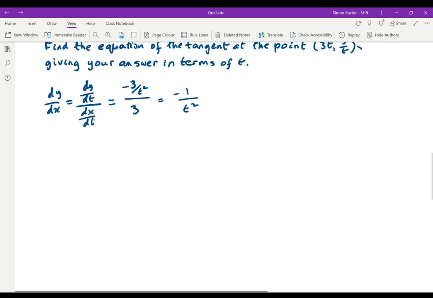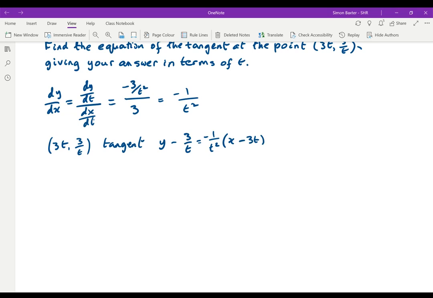That's the gradient of the tangent. We want to go through the point 3t, 3 over t. So the tangent through that point must be y minus y1 is equal to m, which is minus 1 over t squared, times x minus x1, which is 3t.